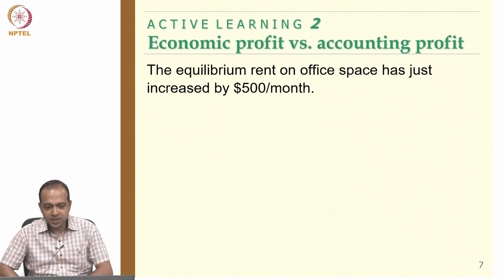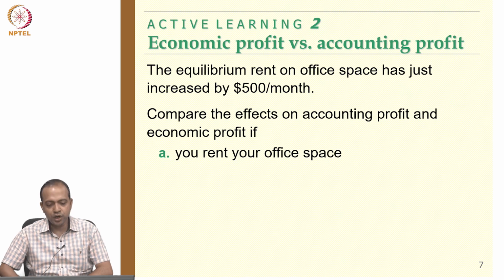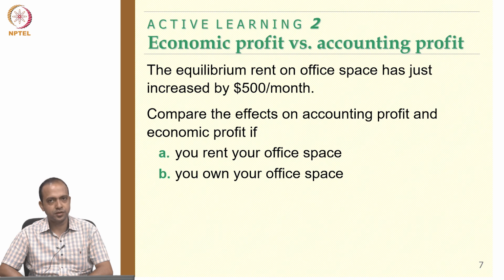Now, there are some examples. Let us say the equilibrium rent on office space has just increased by $500 per month. So, compare the effect on accounting profit and economic profit, if you rent your office space versus if you own your office space. So, what will happen?